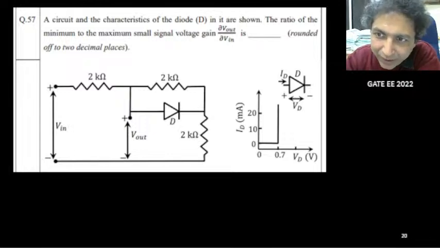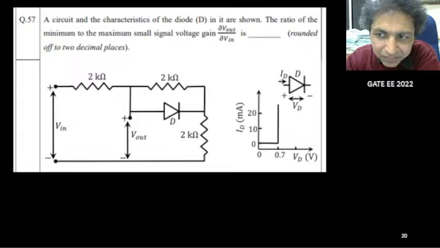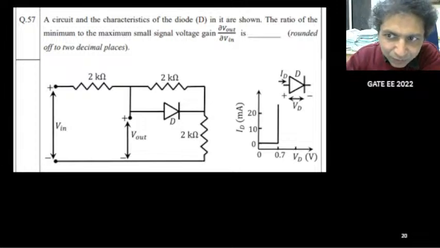So we need to find out when the diode is on, what is the relation between input and output. You will get a certain relation between input and output. Then take dV out by dV in. You will get one ratio.